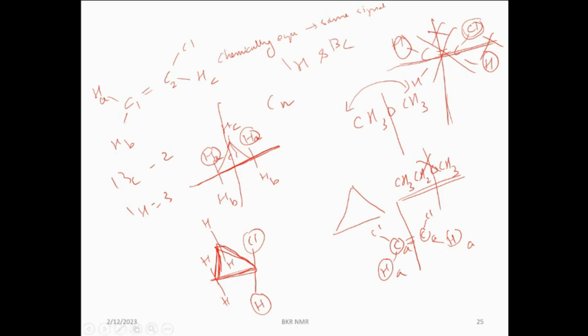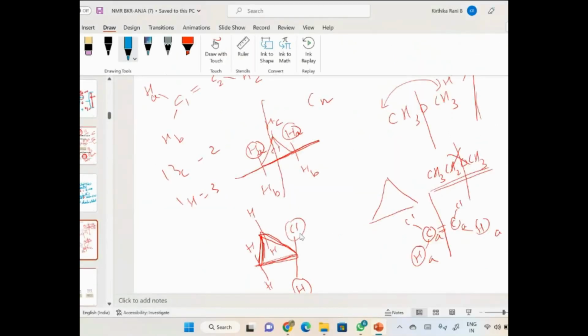Once again, they can be identified using a sigma plane, or they can be identified using a Cn axis. If the hydrogens exchange via a sigma plane, the plane of symmetry, or the axis of symmetry, they are chemically equivalent.